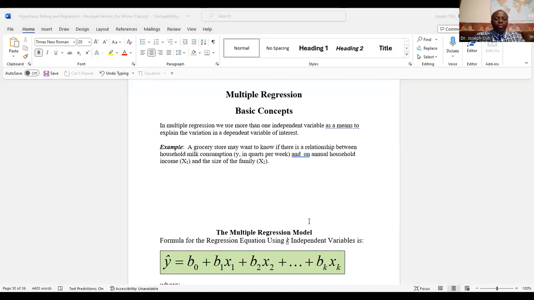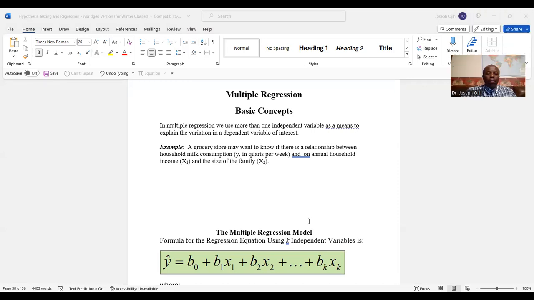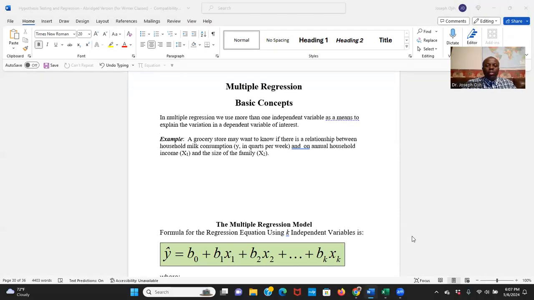For example, a grocery store may want to know if there is a relationship between their customers' household milk consumption, and if it is related to their annual household income and the size of the family.